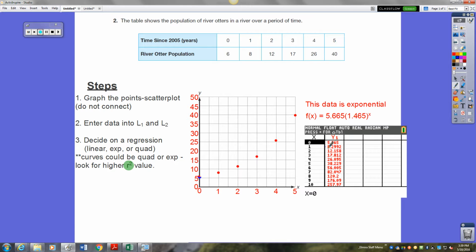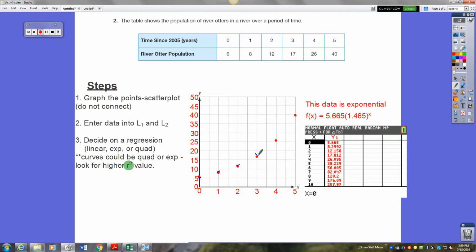Okay, 1 and 8.292. Okay, that's a little bit above. So I'm making it, it's still touching the red dot. It's so close. 2 and 12.158. Okay, super close, just slightly above. 3 and 17.812 is pretty close to 18.